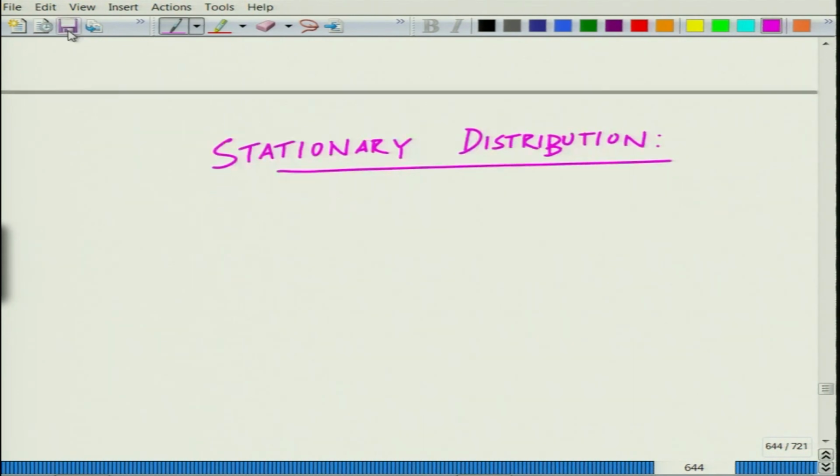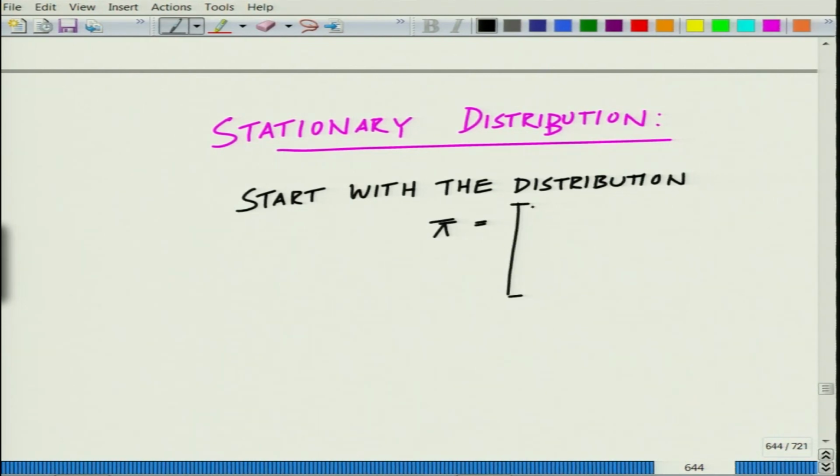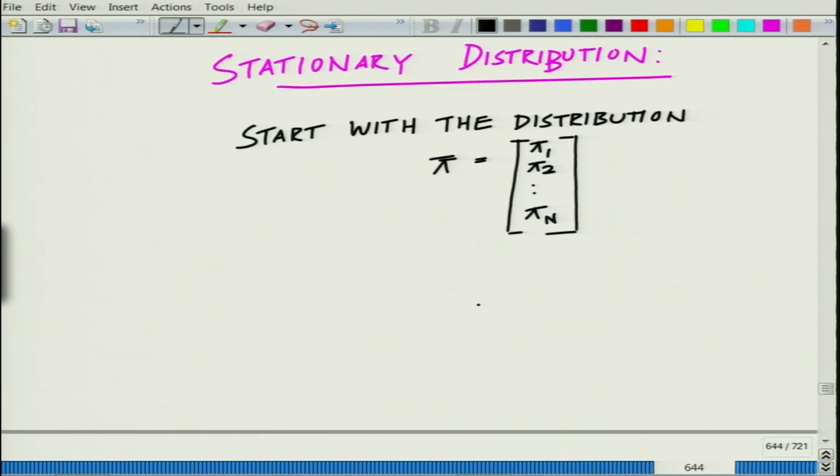Now, if you look at this, let us start in the distribution pi bar equal to pi 1, pi 2, up to pi n, where pi i equals the probability that x naught equal to s i.